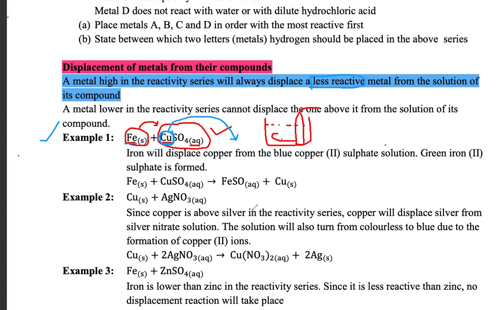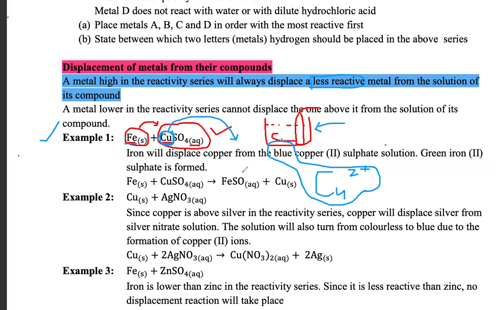What are the observations that you are likely to make? So the truth of the matter is that copper 2 ions are colored, and the color is blue. So this solution of copper 2 sulfate, we expect it to be blue.